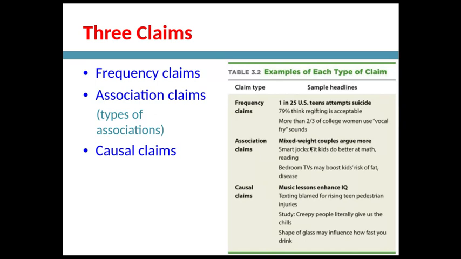The second, this type of claim, frequency claim, is one measured variable, one number: 1 in 25, 79%, over 2/3, 42.7% of statistics, one number, one measured variable. Association claims, or types of associations, are also what we refer to as correlations.